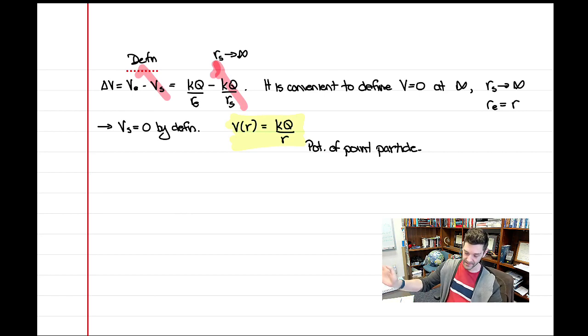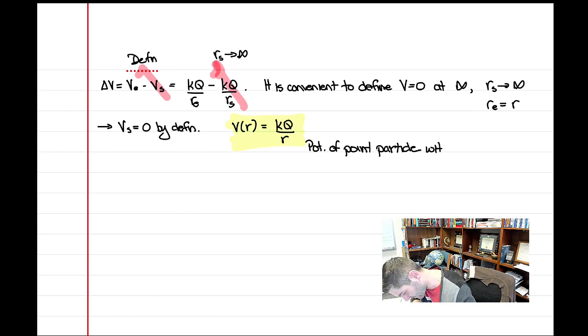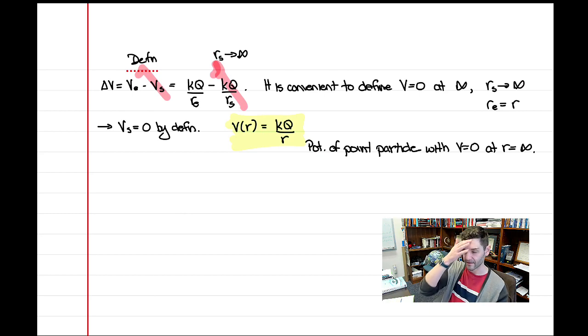You might want to use a different location for the reference point, and you can come up with an equally valid formula. But this one is the potential of a point particle with V equals 0 at r equals infinity. R equals infinity is the reference point in this case.